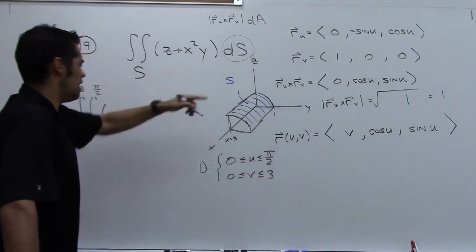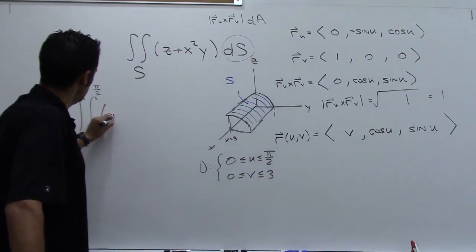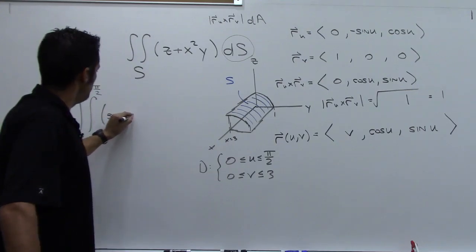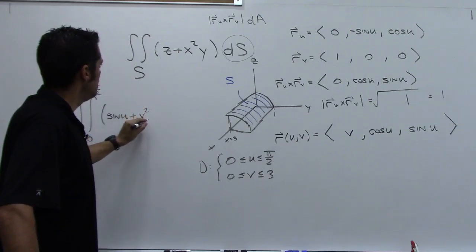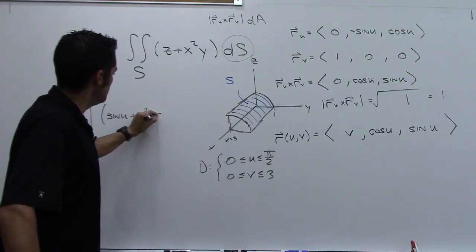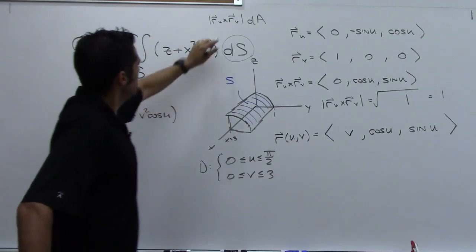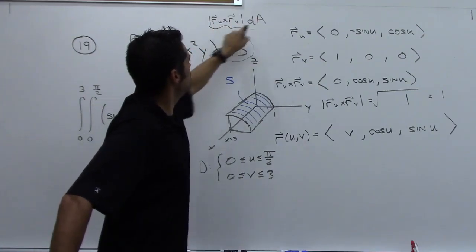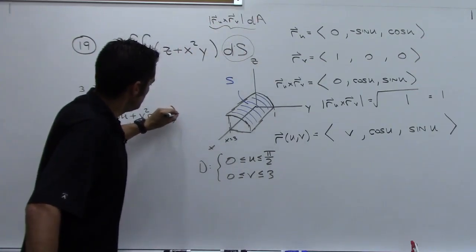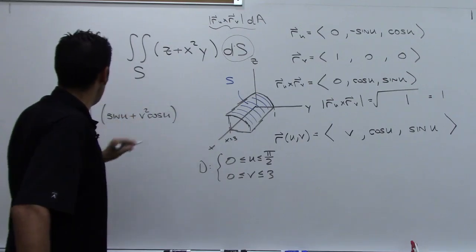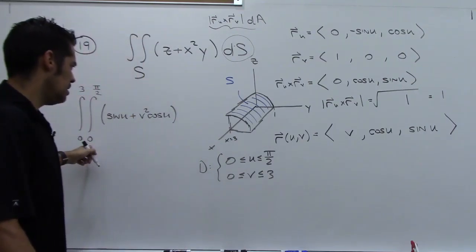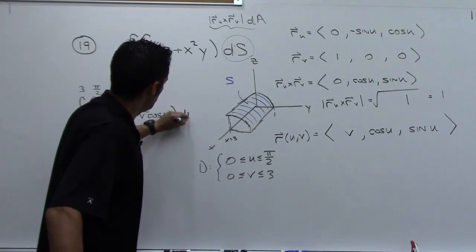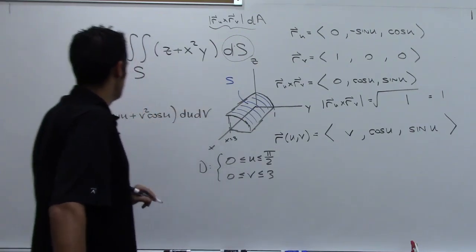The z is sine u, so I've got sine u plus x squared, which is going to be v squared, and then y, which is cosine u, and then times this, which is a 1. So times 1, I'm not going to put it, and then dA is du dv or dv du. In this case, I'm going to go du dv.